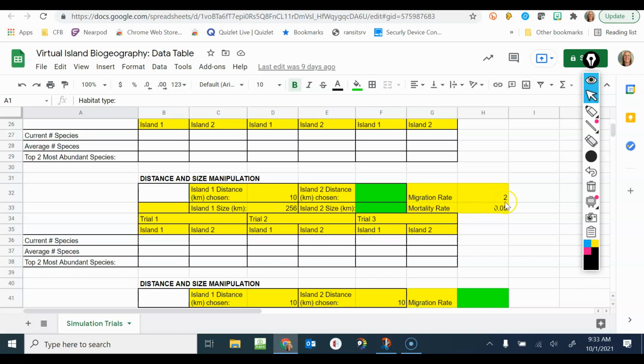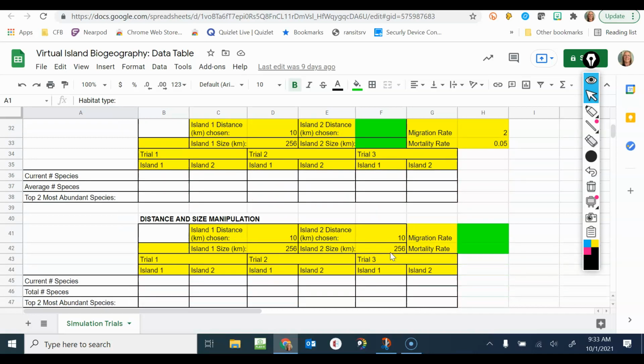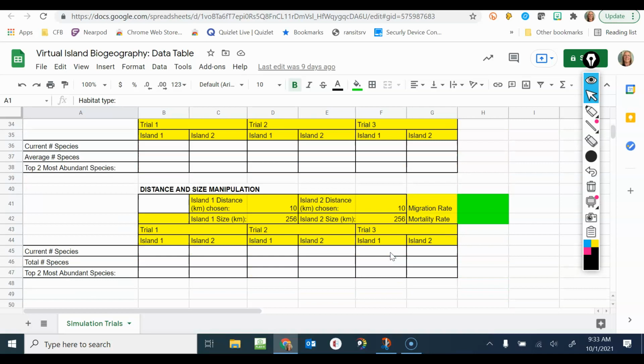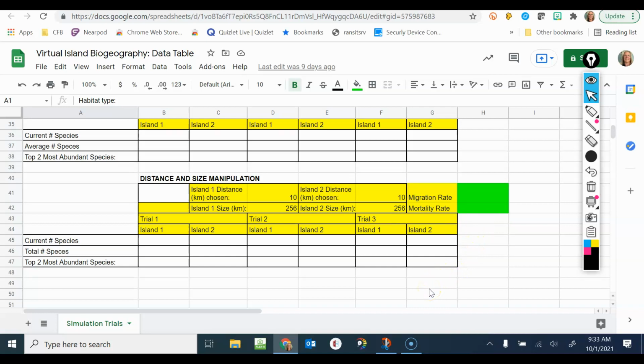And then migration rate should be set, and the island size should be set. So you get to change the distance and the island size for these trials. And so you're going to change those 1, 2, 3 times. And then you go on to distance and size manipulation, and you get to change the migration rate and mortality rate that time for 1, 2, 3 trials.